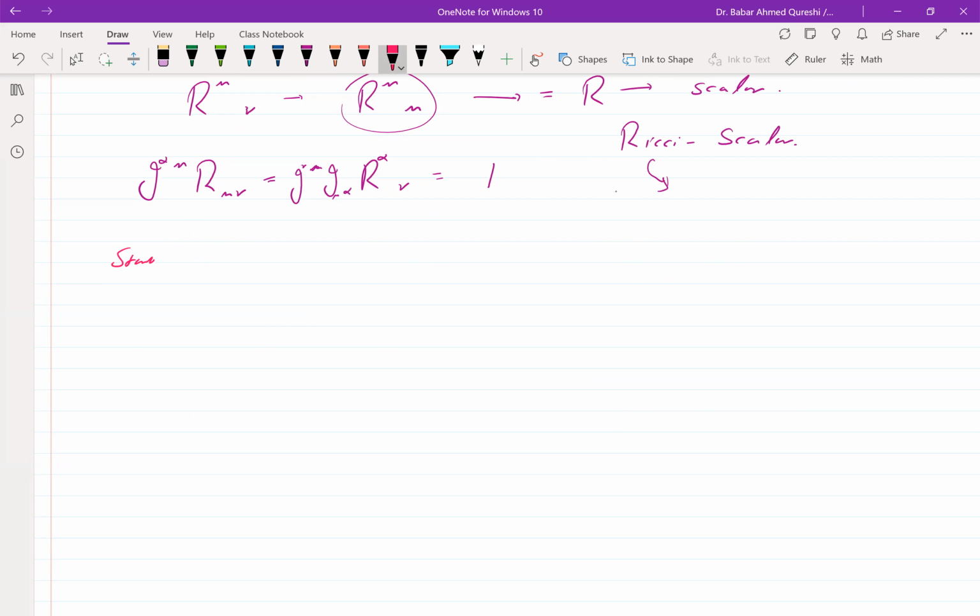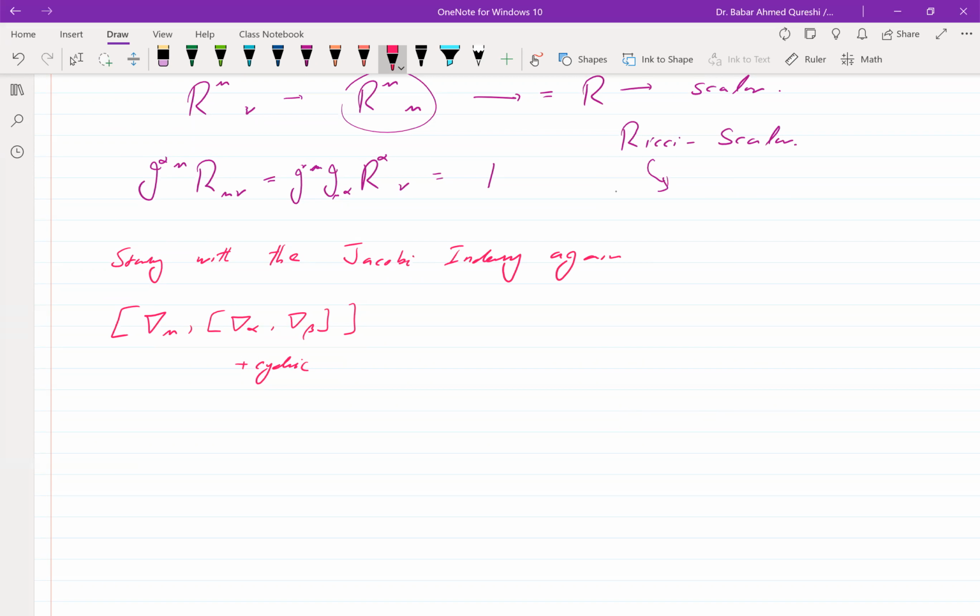Starting with the Jacobi identity: D mu, D alpha, D beta plus cyclic.